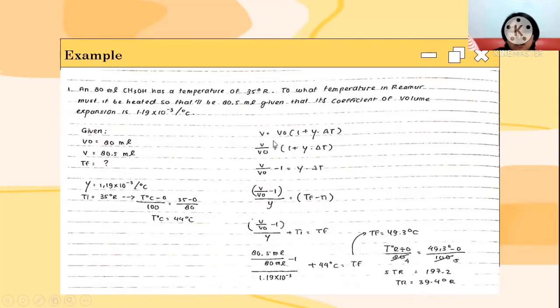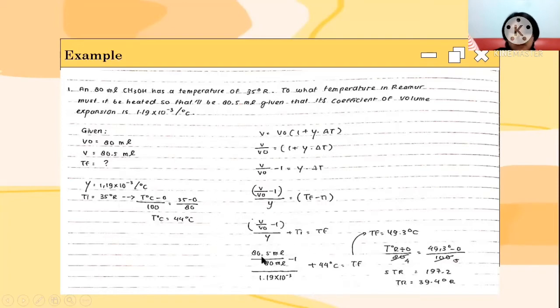But first, we can divide this by V0, so V over V0, and then we can transfer the 1 to the left side, so it becomes negative 1, and we can now also divide this by gamma, and we can expand this to final temperature minus initial temperature. Since the thing that we're trying to find is the final temperature, we can also transpose this initial temperature to the left side.